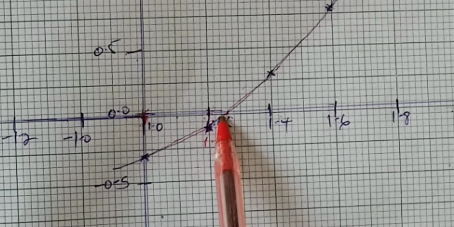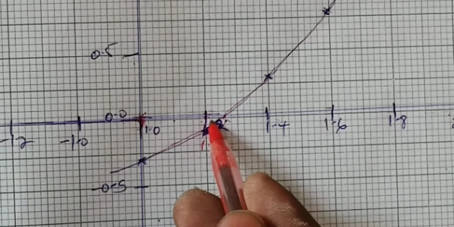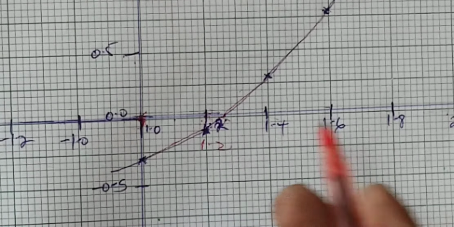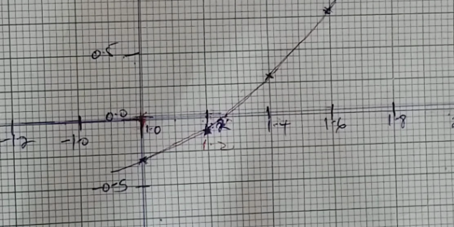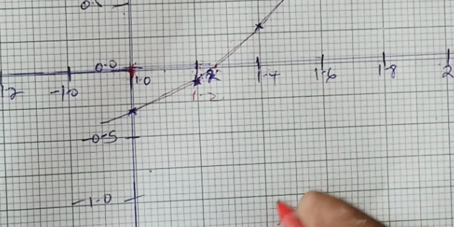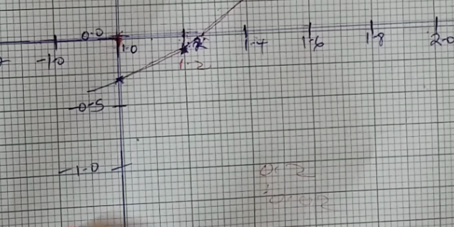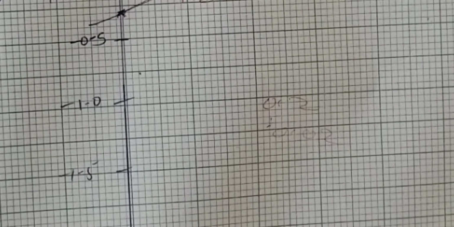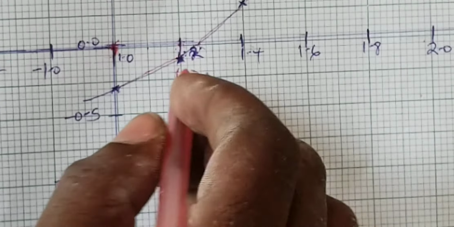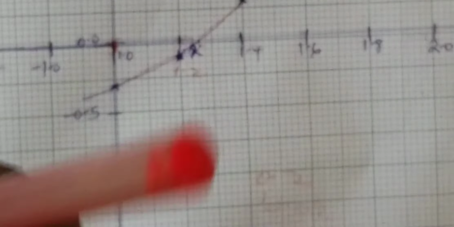Every small square, remember, from here up to here is 0.2. So which means that every small square is 0.02, because there are 10 small squares there. So when you are adding from 0.2, you are adding 2 small squares, that is now 0.06.